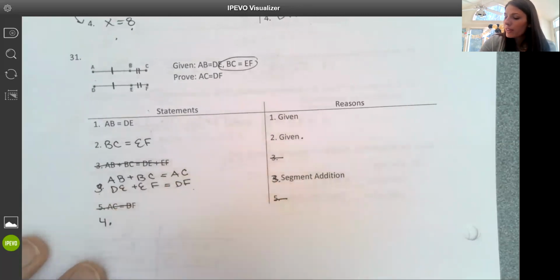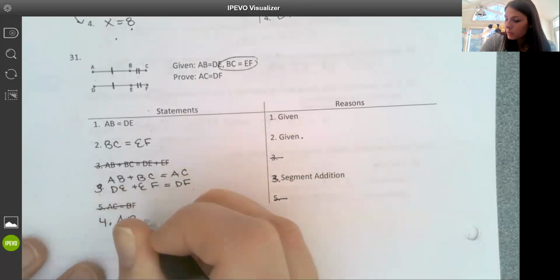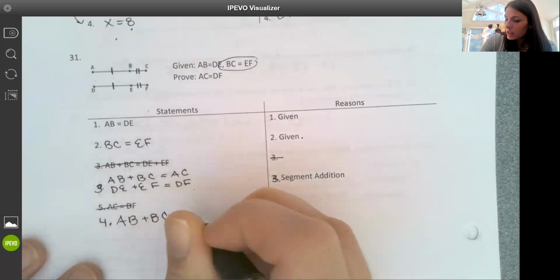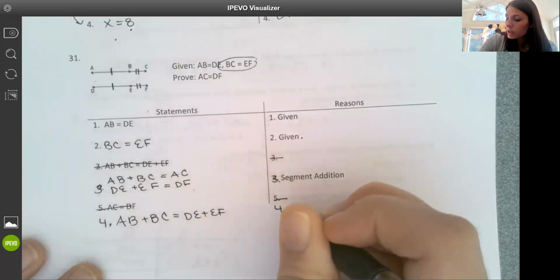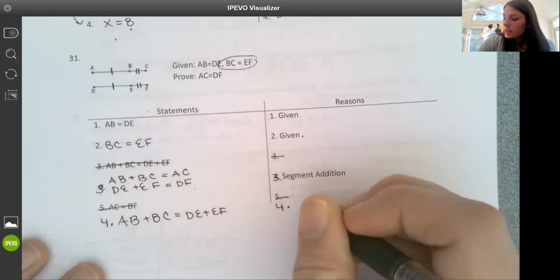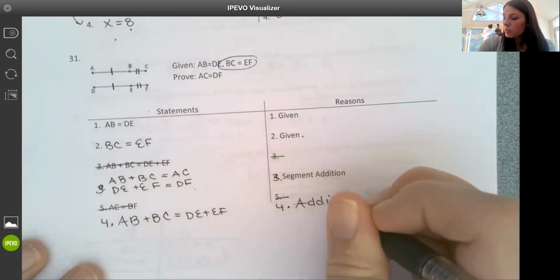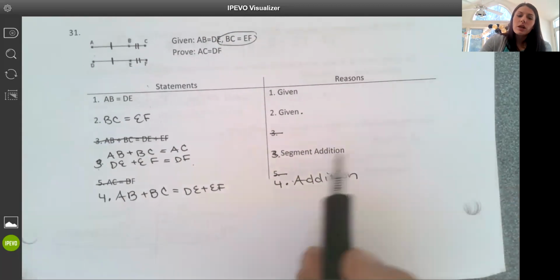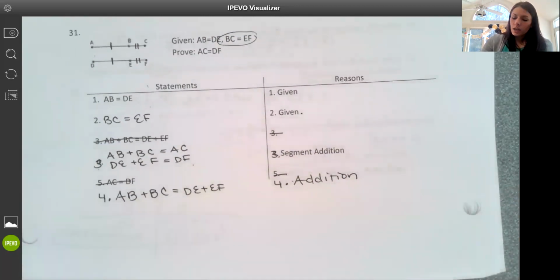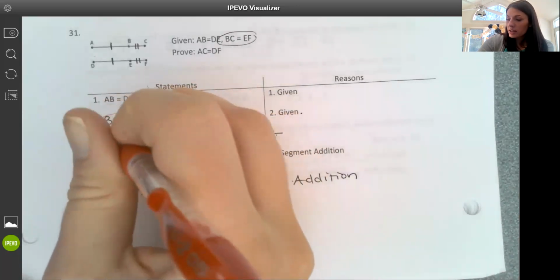And then step 4, I want to say this, AB plus BC equals DE plus EF. Now this is a confusing statement in the way that it feels different than addition in an algebra proof. So what I'm doing is I'm saying this is the same amount.